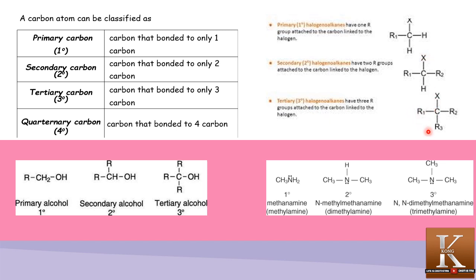If there are 3 R, tertiary haloalkane. Same for alcohol. If 1 R or 1 alkyl group, primary, 2 alkyl groups, secondary, 3 alkyl groups, tertiary. Amine is also the same. If the amine is attached to 1 carbon, primary, attached to 2 carbons, secondary, and attached to 3 carbons, tertiary. So the concept is the same for classification of hydrocarbon, halogen, alcohol, and amine.